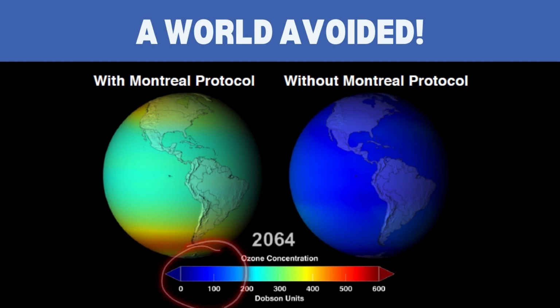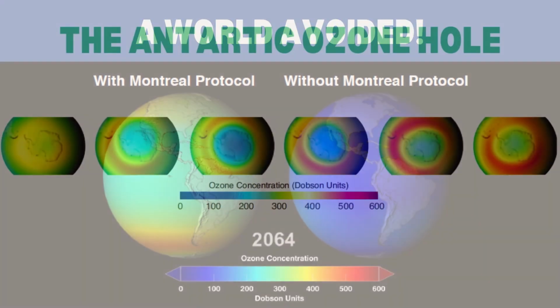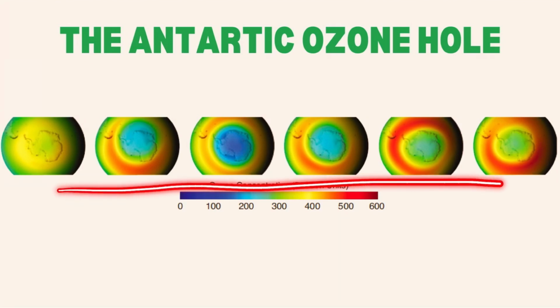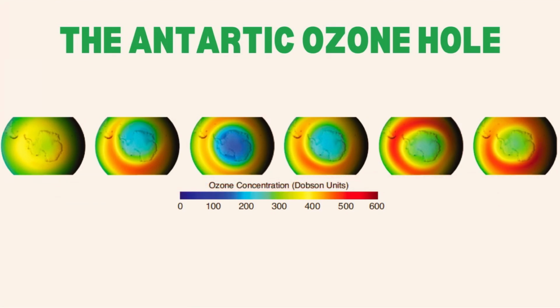So the ozone molecules will be at a concentration of 100 or less than 100 Dobson units in just the year 2064. However, these are the projections.